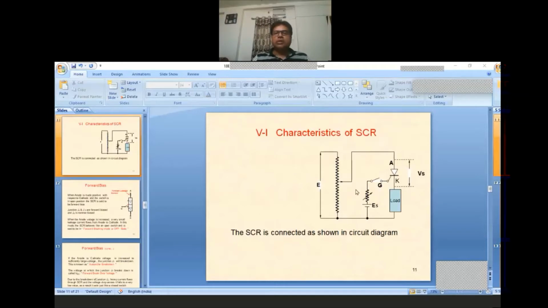And there is one more modification when compared to the previous session. In the previous session, in the slides, this load was shown in series before the SCR, but strictly speaking, according to electrical engineering aspects, the load should be after the cathode, or you can just realize it as a switch.